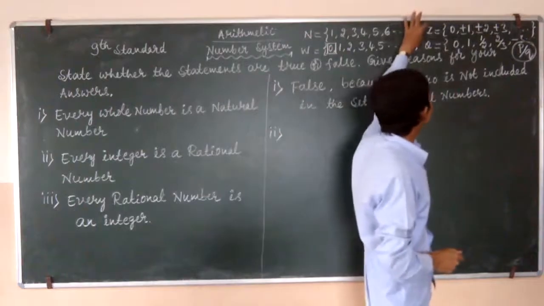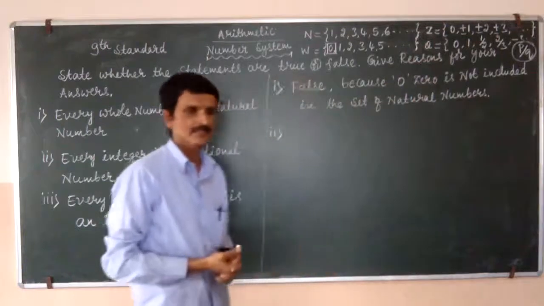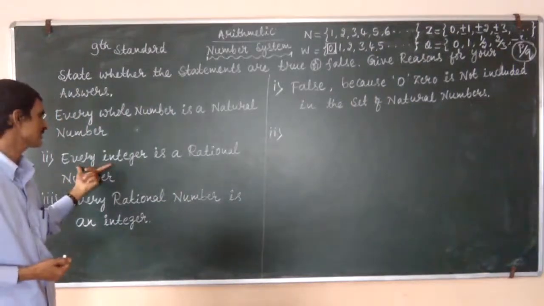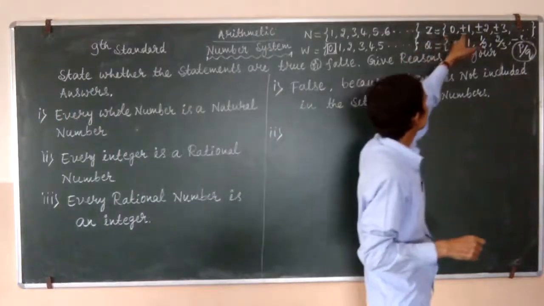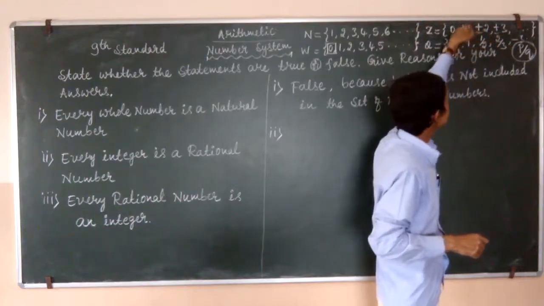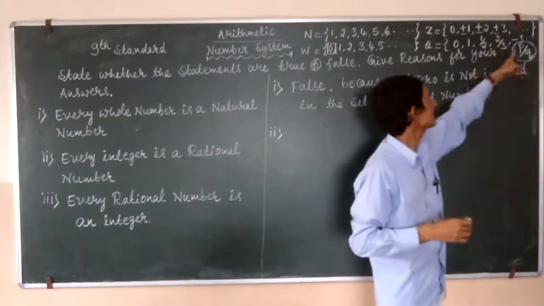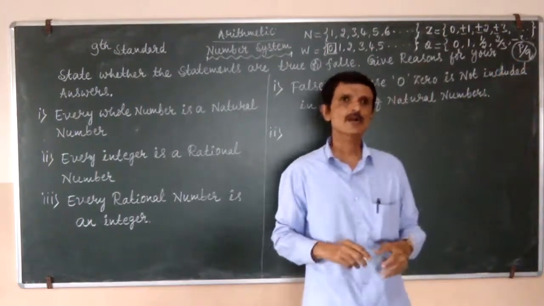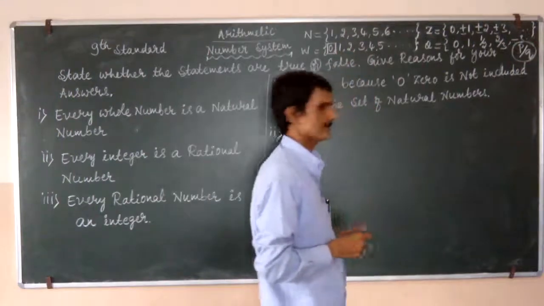If you compare both the set of integers and the set of rational numbers, is every integer a rational number or not? All the integers, if they can be expressed in the form of p by q, then we can say that the number is also present in the set of rational numbers.